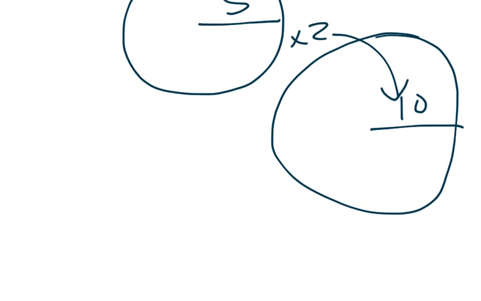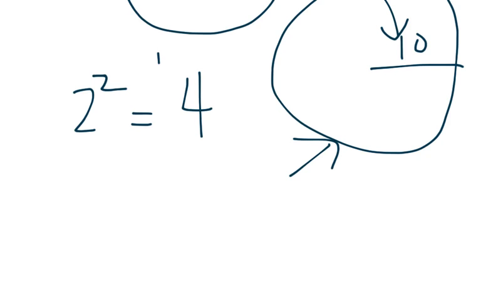Remember, even though the radius has been multiplied by 2, the area is going to increase by 2 squared because we're talking about area. So the area of this bigger circle is 4 times bigger than the area of the first circle. So for number 1, the answer is 4 times larger.